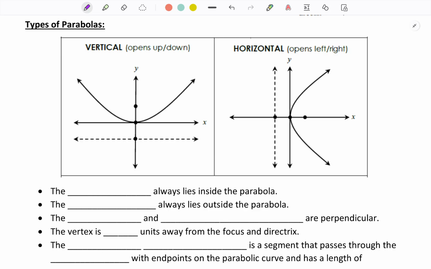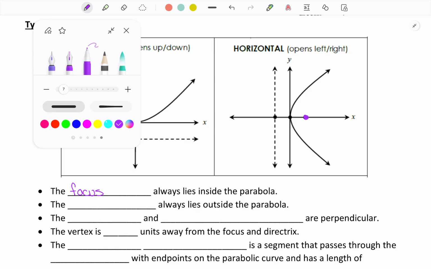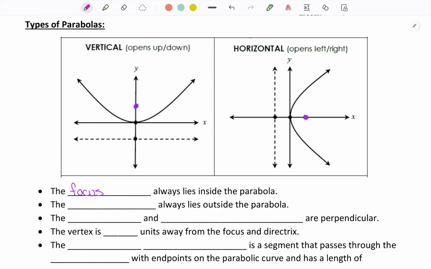So the focus, of course, we only have one, unlike our ellipse and our hyperbola. That is always going to be inside the parabola. It's actually going to be on the axis of symmetry. And we'll review what the axis of symmetry is in a second. And the directrix always lies outside the parabola.